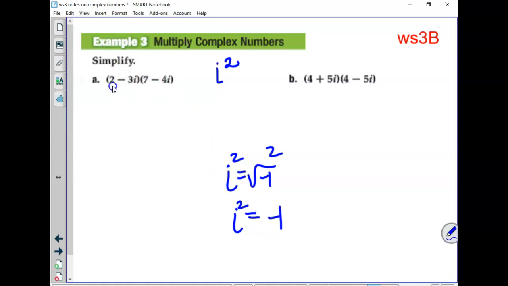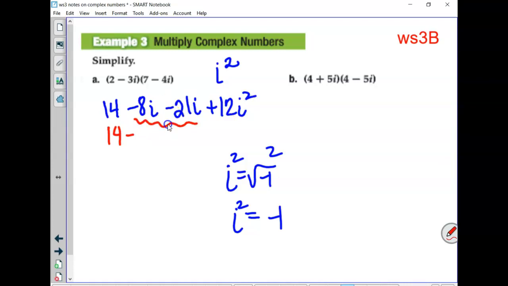All right, so if I FOIL this out, or double distribute, 2 times 7 is 14. 2 times -4I is -8I. -3I times 7 is -21I. -3I times -4I is positive, because it was negative times a negative, and then it's a 12I squared. Now, I'm going to show a lot of work on this one. I would not normally show, but we're going to combine those like terms to get -29I.